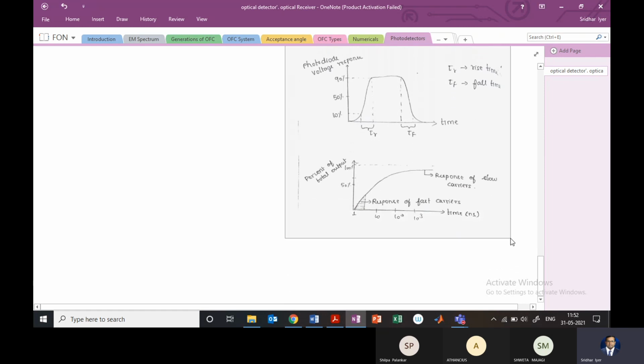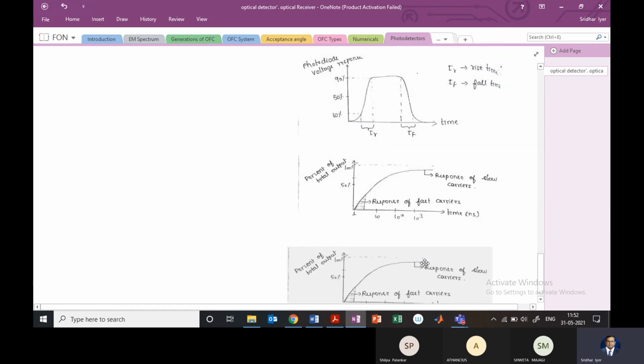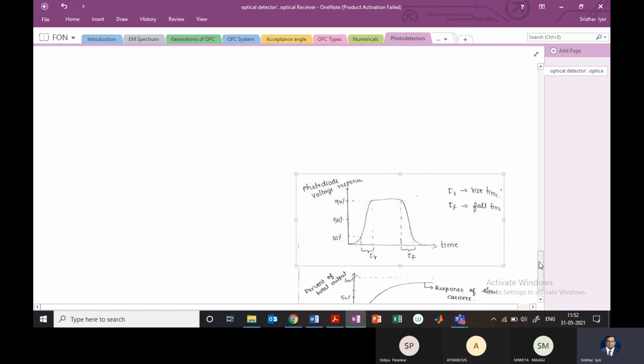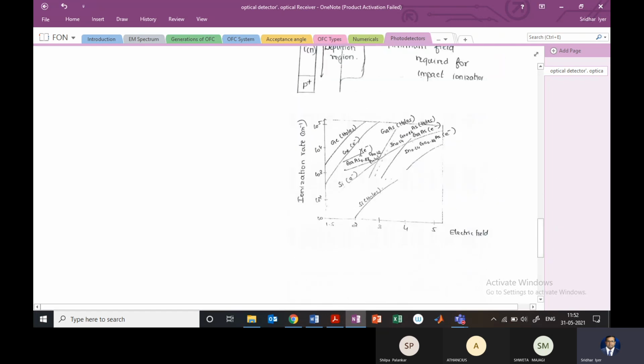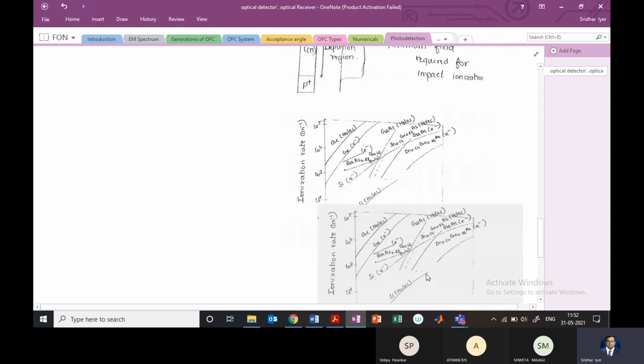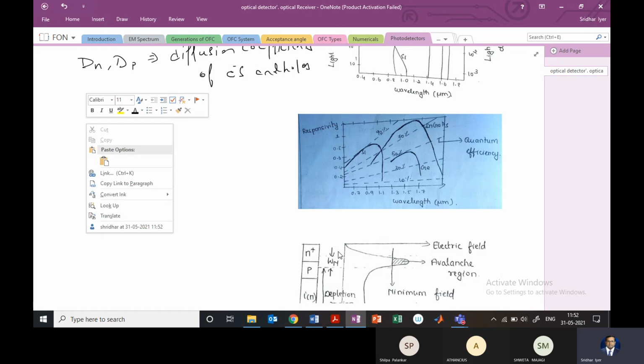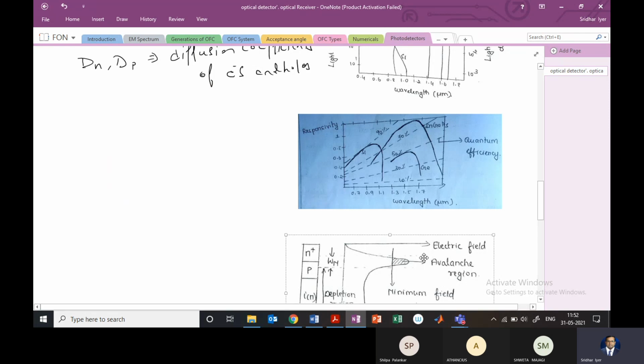All these diagrams are available in the notes, so you can refer to the notes. I'm explaining the important points. Let me move this also, as this belongs to APD.